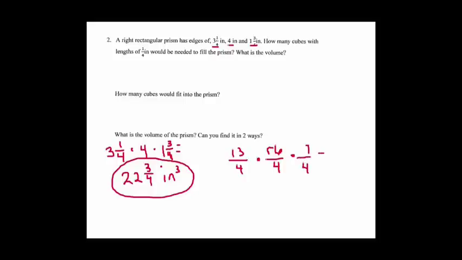And so if you multiply them straight across, 13 times 16 times 7, your answer is 1,456, and then 4 times 4 times 4 is equal to 64. And now just divide 1,456 divided by 64. Your answer is 22 3/4 inches cubed.